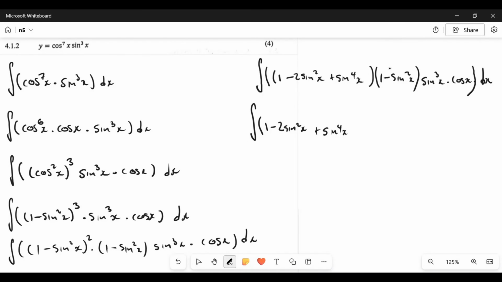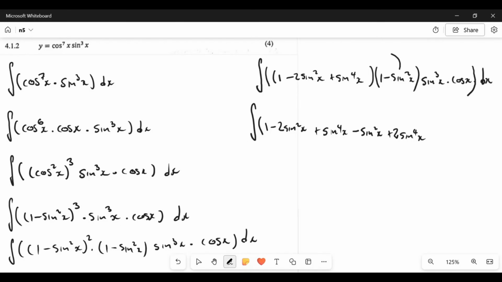Now we do the multiplication of negative sine squared x. So if you multiply this negative sine squared x with 1, it's going to give us negative sine squared x. There we go. If you multiply the very same negative sine squared x with negative 2 sine squared x, this here is going to give us positive 2 sine to the power of 4x. There we go.